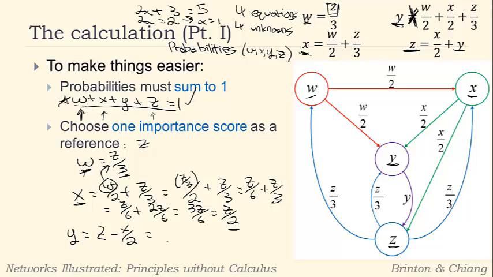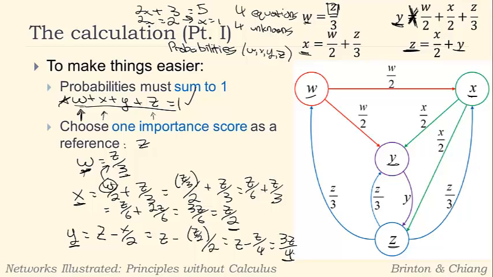And we had x as before is z over 2. So this is z minus z over 2 over 2, which is z minus z over 4, which is just 3z over 4, 3/4 z. So now we have that y is equal to 3z over 4.